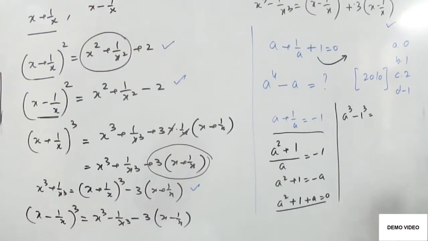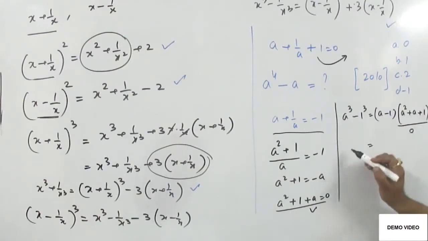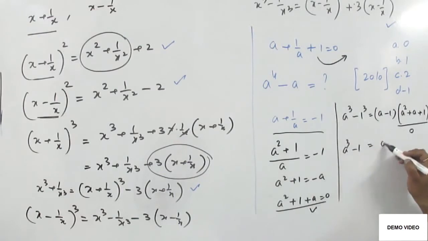And we already calculated that a square plus a plus 1 is 0. So this value would be 0. The entire value of a cube minus 1 is equal to 0. The formula which we used here is a cube minus b cube, that formula is a minus b, a square plus b square plus ab. See, we used this formula in this case.